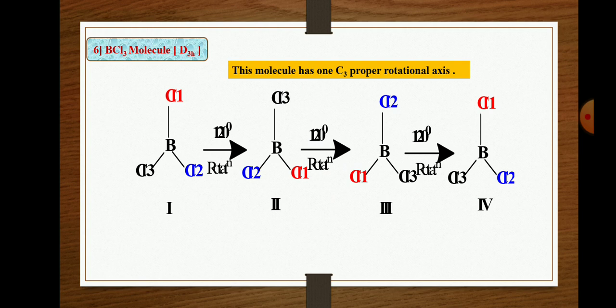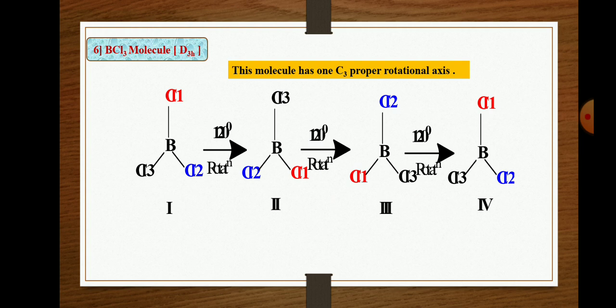I will not explain in detail, but for simplicity and our understanding, we look at this C3 proper rotational axis. In the first configuration, we rotate by 120 degrees. For understanding, we show the chlorines in color: Cl1 is red, Cl2 is blue, and Cl3 is black. Rotating the molecule 120 degrees, we get a second configuration, which is again the same, not equal.